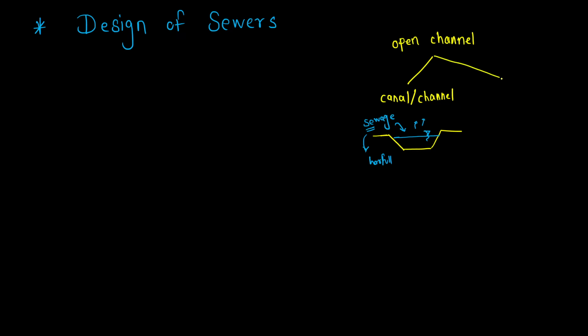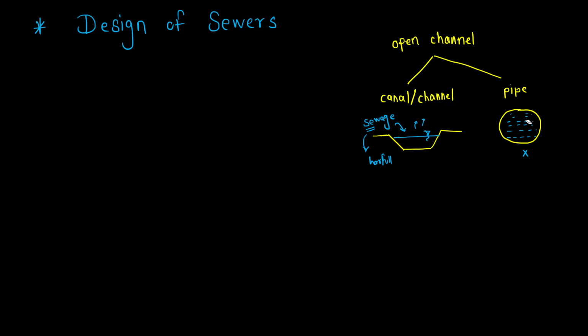Another example of open channel flow is a pipe. If the pipe is running full, that means if this is a circular pipe and it is completely filled with water, then this is not called open channel flow. Then it is pipe flow.